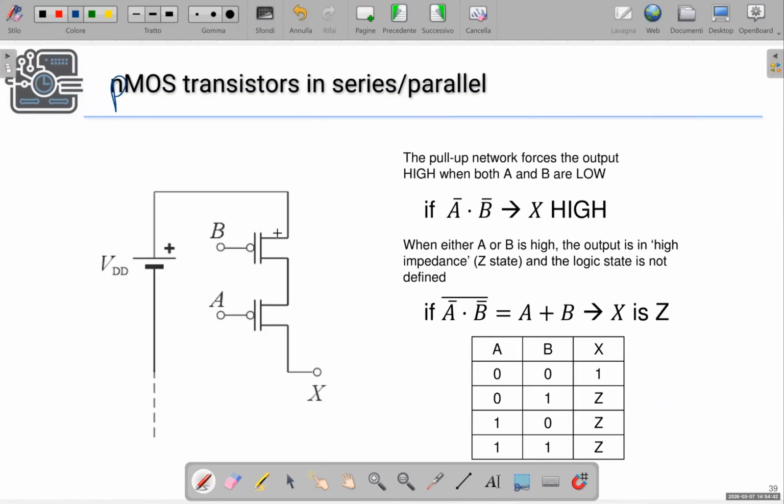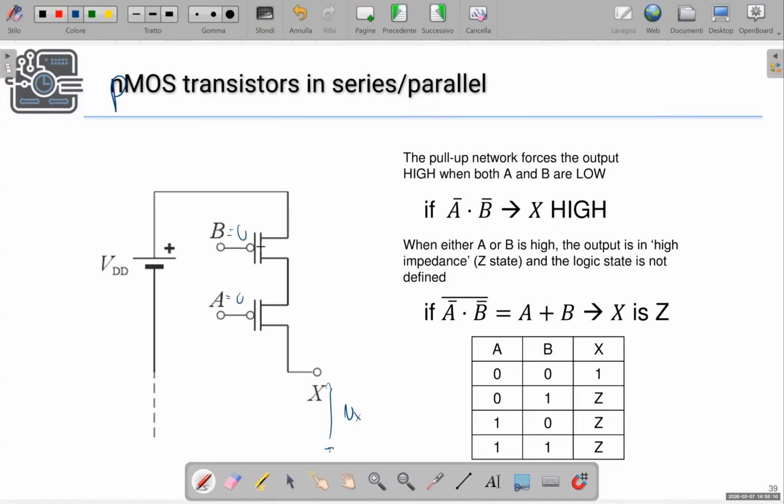If we have two PMOS transistors in series, as depicted here, the output node X is forced high if both A and B are at the low logic level. So if not A and not B, X is forced high.